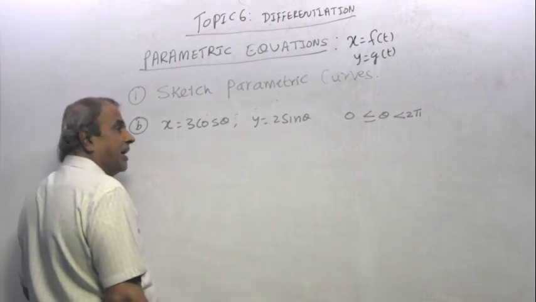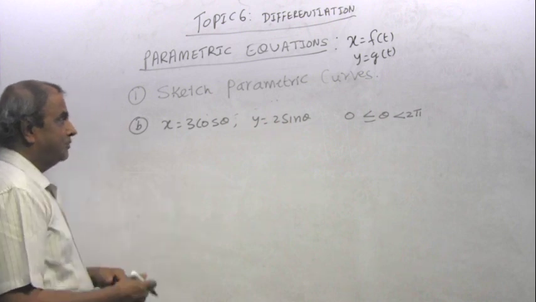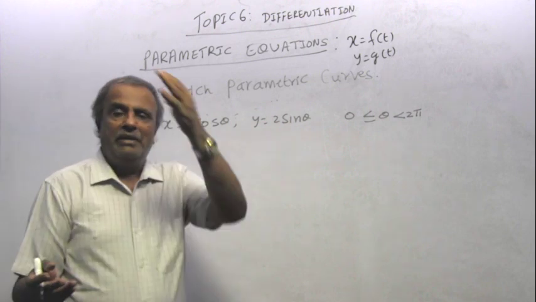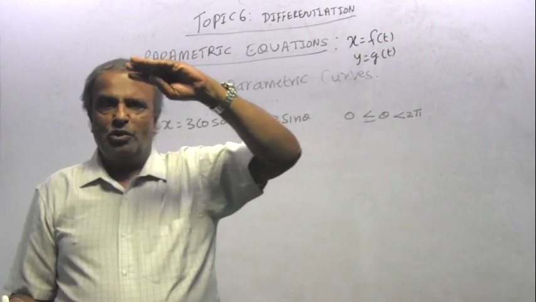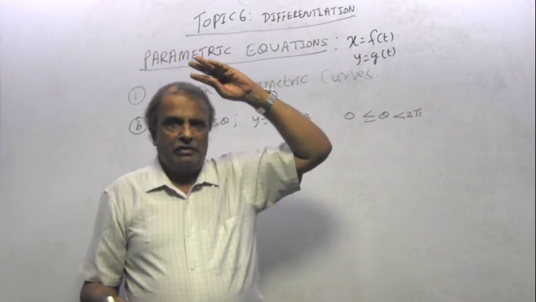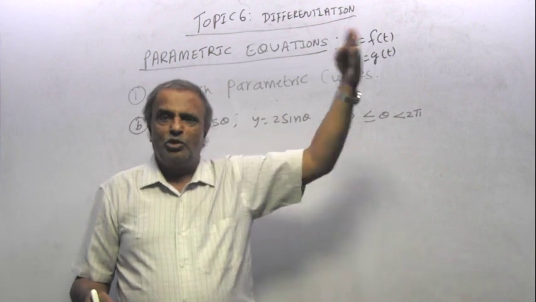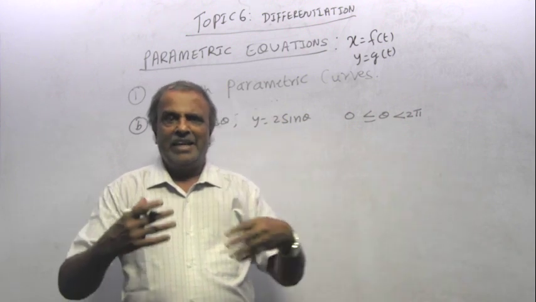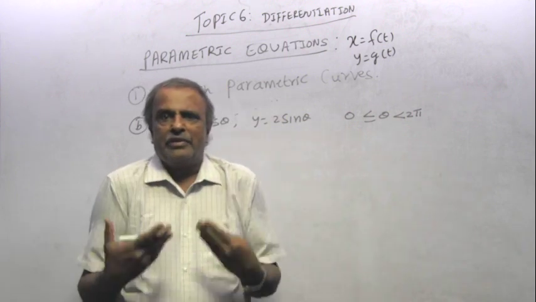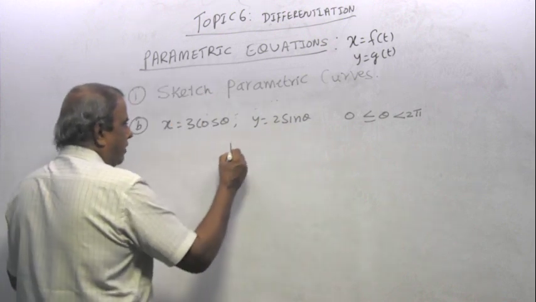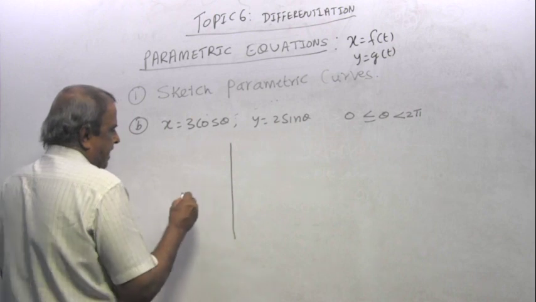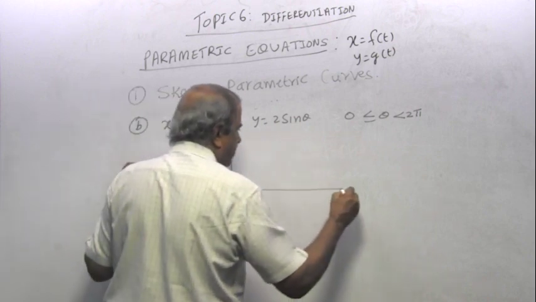Now, this is where the problem comes. You can't make a table, only with algebraic ones. If not, what you do is take standard values of theta from 0 to 90, and then use the behavior of sine and cos to sketch the curve. The sketch carries only 1 mark, so don't worry.